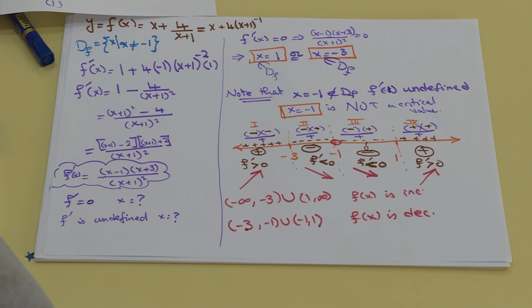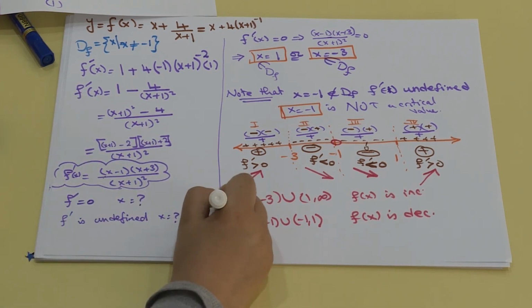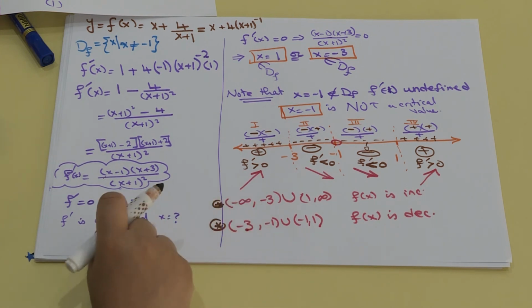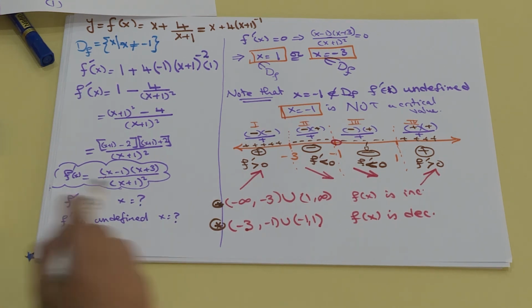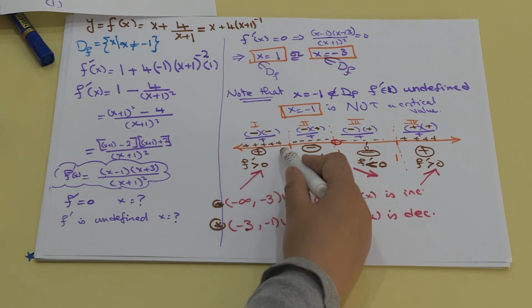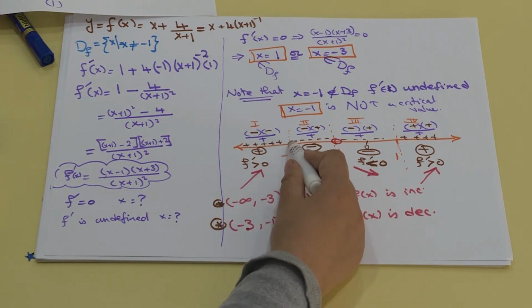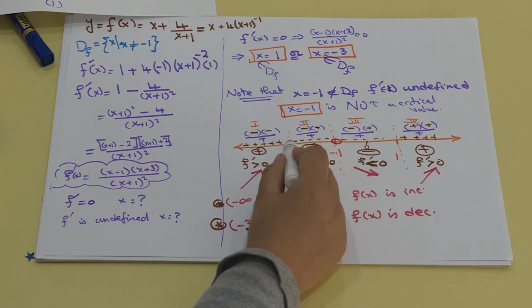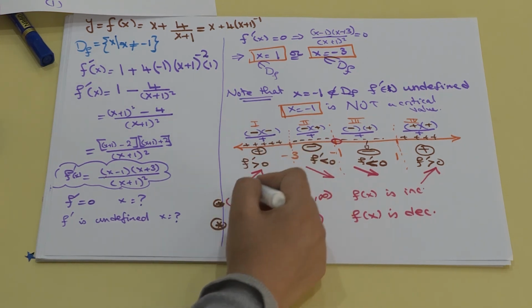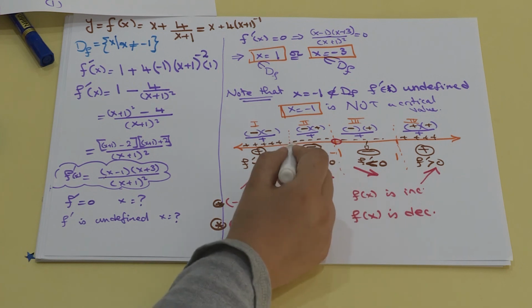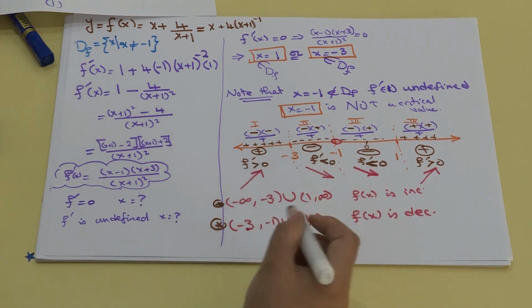Finally, after we found the intervals on which the function is increasing or decreasing, and we found also the critical values, next we need to find the relative extrema. We can see that the function is increasing on this interval and reaches some value at -3, and then it starts to decrease. So increasing and then decreasing tells us that it reached a maximum.